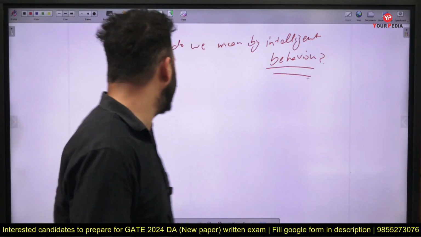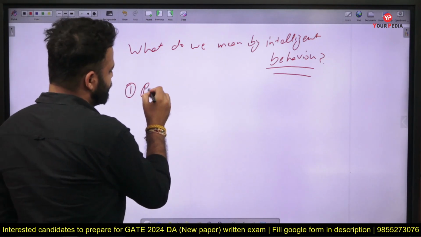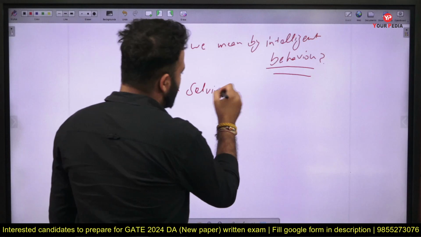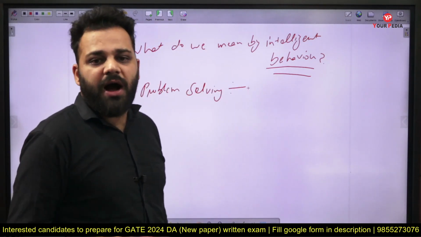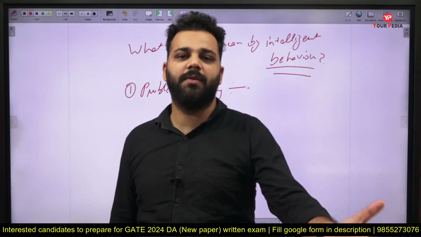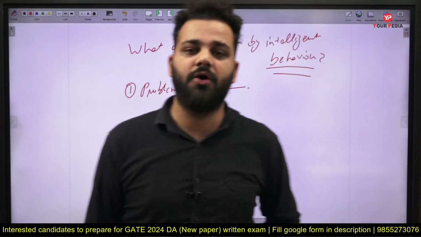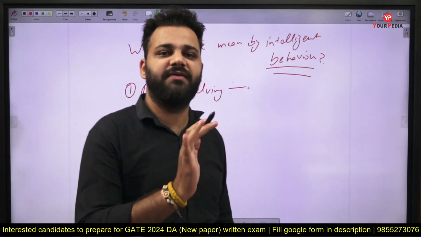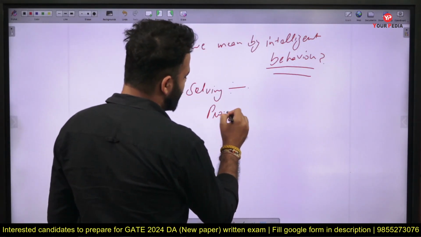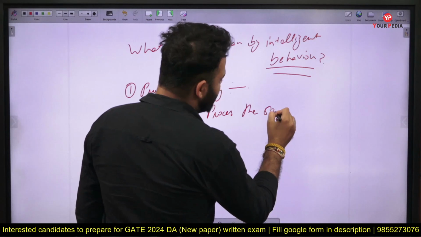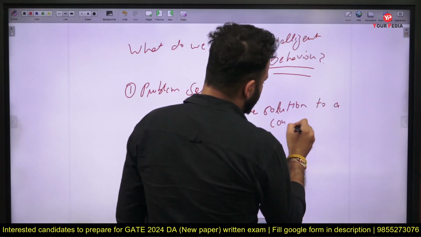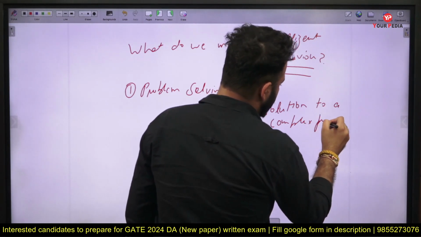So first is problem solving. Our machine should be able to find a solution to some problem or to the complex problems or issues that have been given to the machine. So it should be able to process the solution to a complex issue or complex problem.